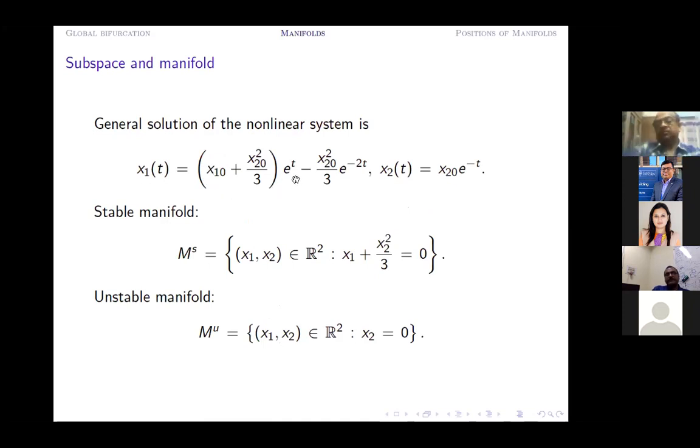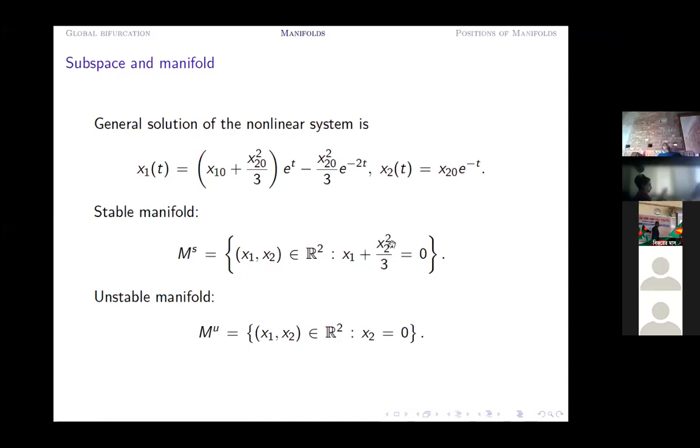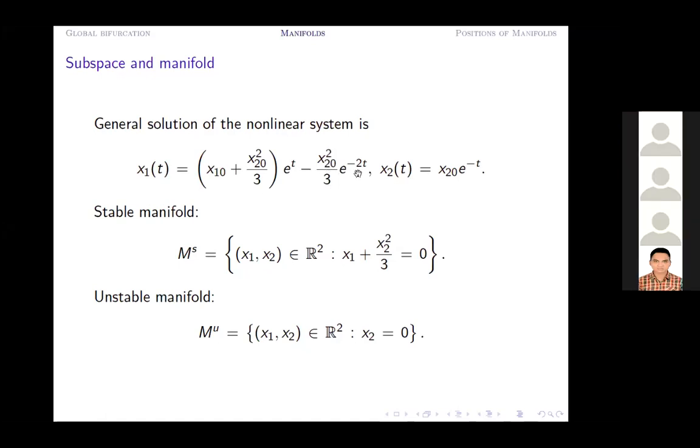Precisely, the coefficient of e to the power t should be equal to 0. If the coefficient of e to the power t is equal to 0, that means x1(0) plus x2(0) whole square by 3 is equal to 0. So if your initial point lies on this particular parabola, then you will have the solution x1(t) equal to minus x2(0) square by 3 e to the power minus 2t, and x2(t) equal to x2(0) times e to the power minus t.